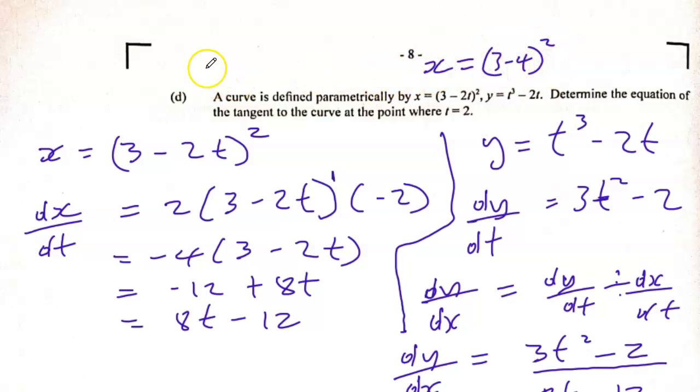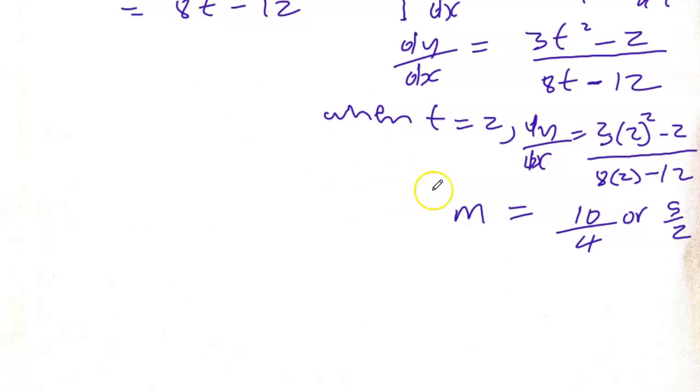And then y would be, if I replace 2 in t cubed, so 2 cubed minus 2 times 2. So the x would be positive 1, because negative 1 all squared is positive 1. And the y would be 2 cubed, which is 8, 8 minus 4, that's 4. So the function passes through the point 1, 4.